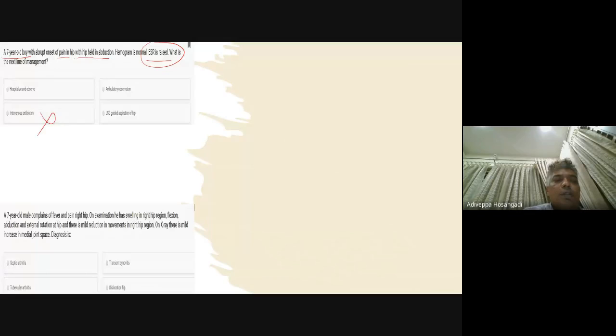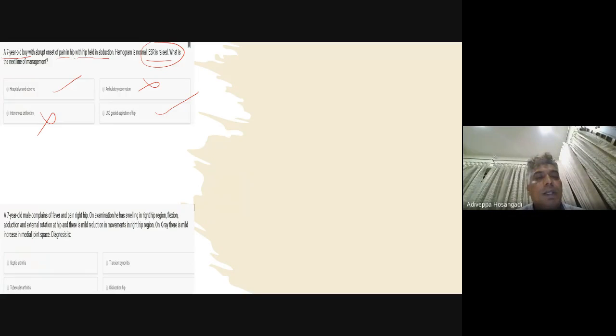Antibiotics are ruled out. Ambulatory observation is out of the question because you might be causing further damage. Hospitalize and observe, or USG guided aspiration of the hip.